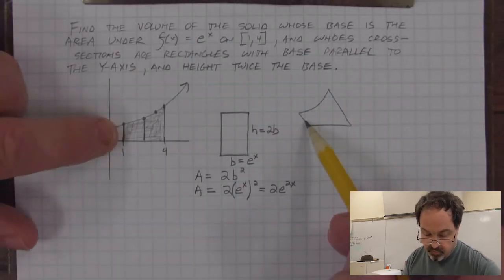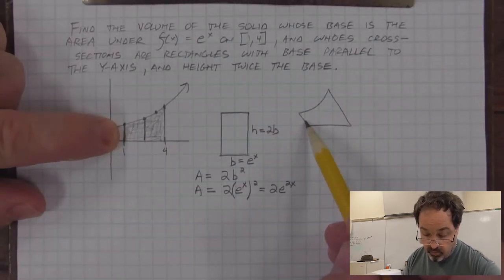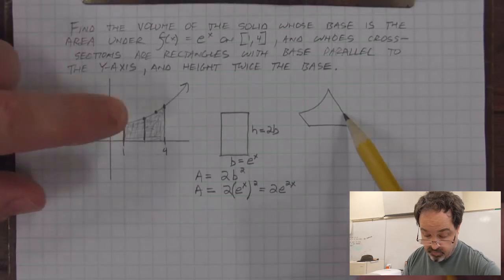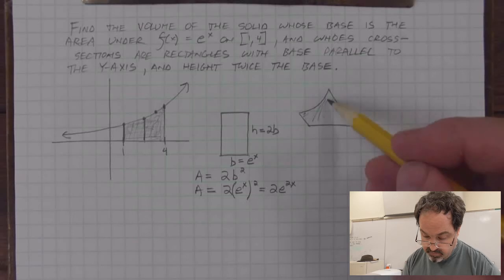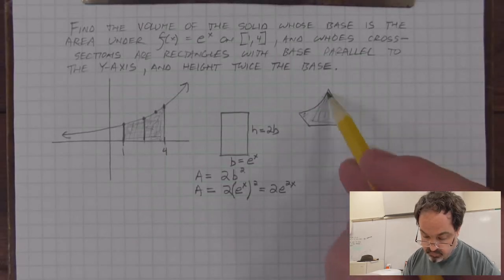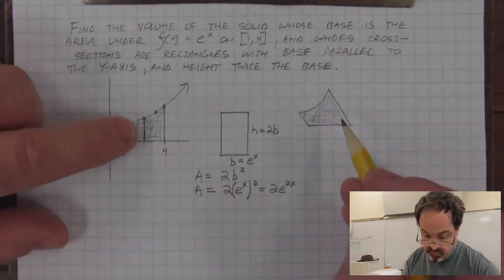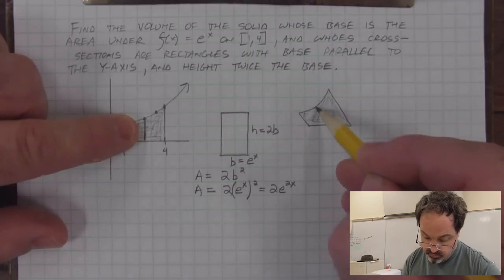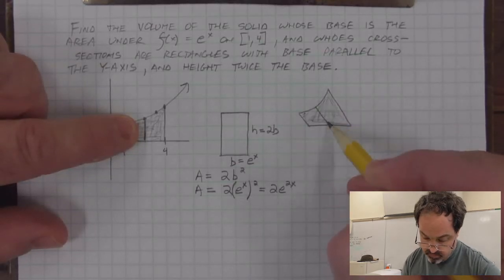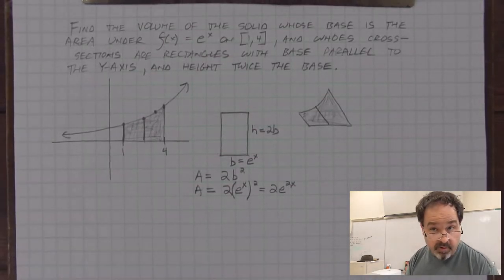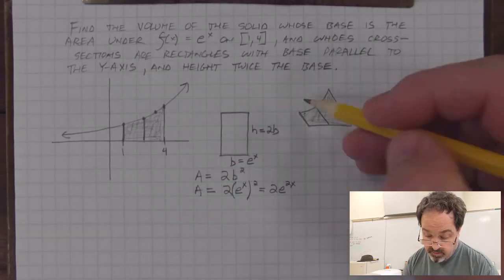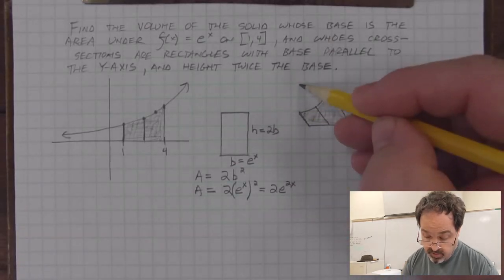Where this line corresponds to the beginning value at 1, and this line corresponding to the ending value at 4, this is the base of a solid. And the representative slice line here could be visualized like this. Now we're going to create cross sections that are rectangular in shape. So when we do, the rectangle that gets created ought to have a height that is twice the base measure.